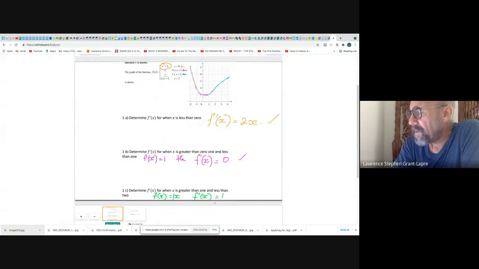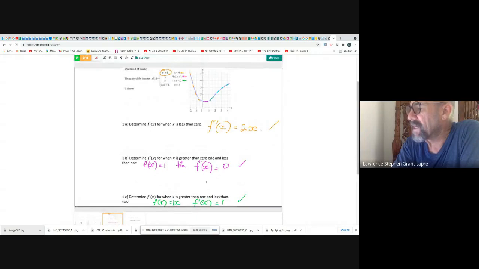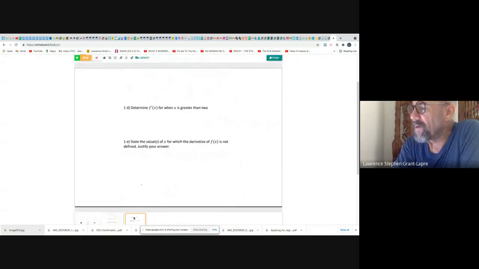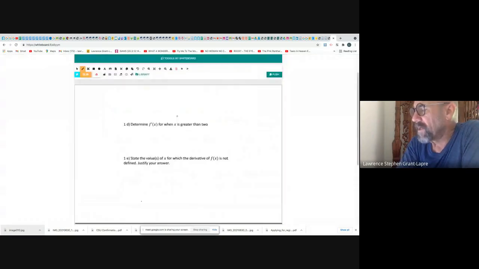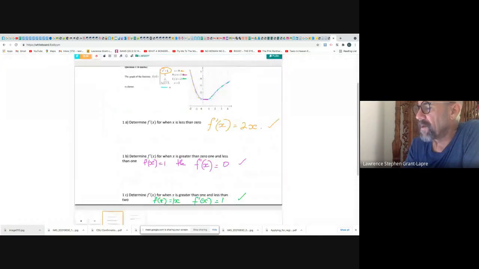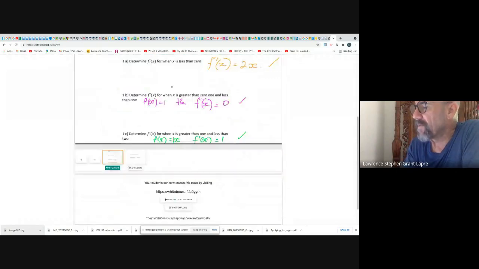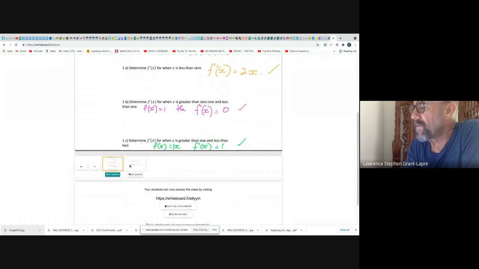And I think there's another part D, determine f dash x for when x is greater than 2. Now we're into the blue part of the graph, and you can see that the function is 2 root x plus 1.